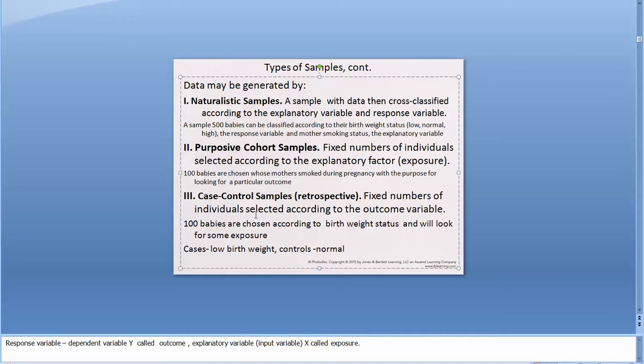So you will collect 100 babies, but you will have the cases who are of low birth weight, and then of course the controls who are normal. And then we will go back and see what was really the cause for this. All right then, so these are the three different types of sampling that occurs most commonly in biostatistics.